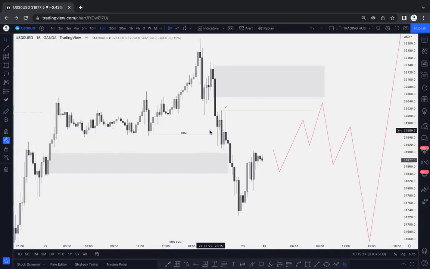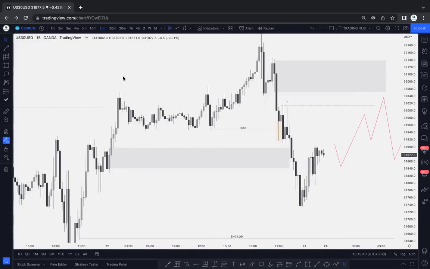We are probably looking for a buy, and look at this candle which sweeps the previous one. This candle is a confirmation for the buy, correct? And then what happened here? We can buy here, but the market failed, and this order block also failed.